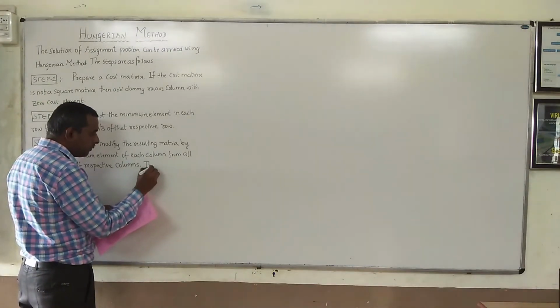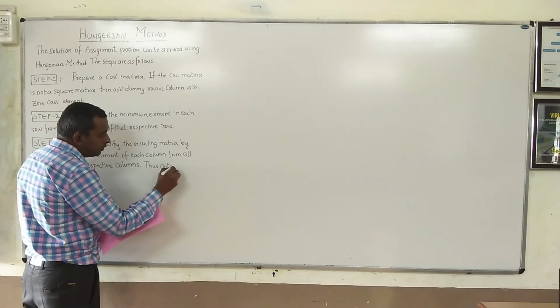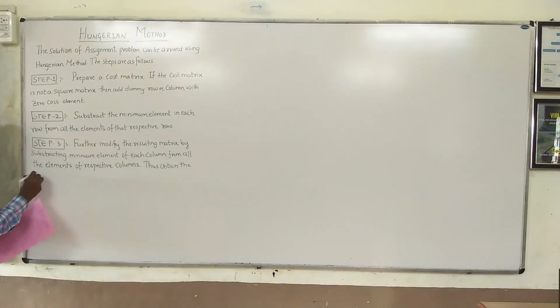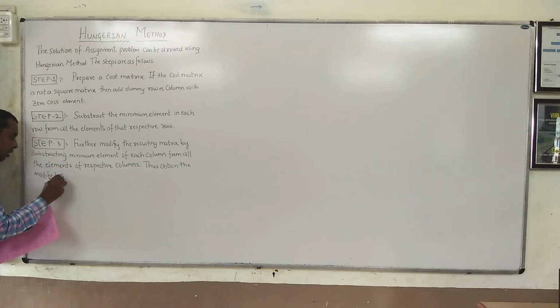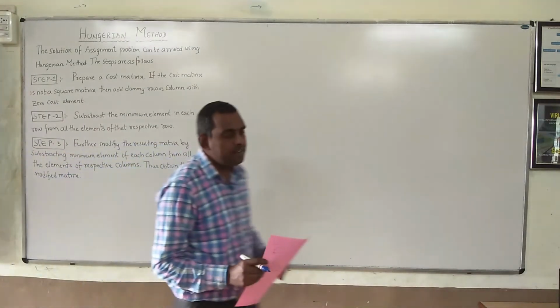Thus obtain the modified matrix. So what is step number 3 says here?